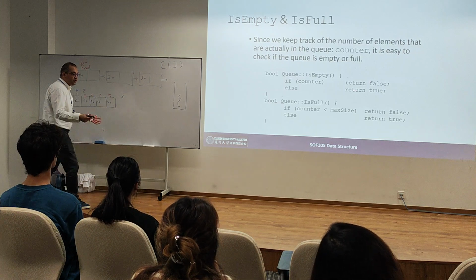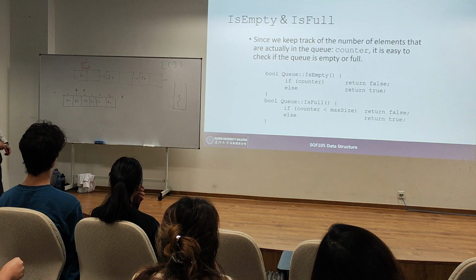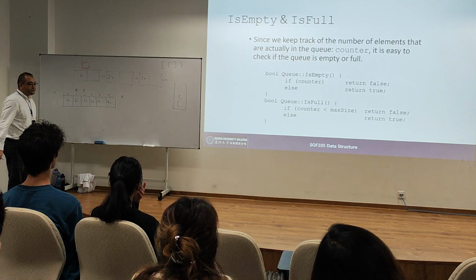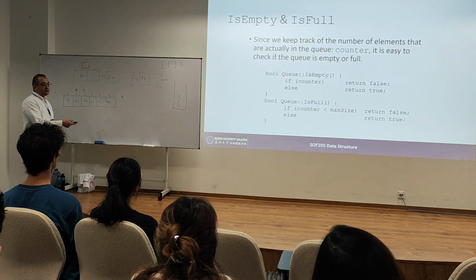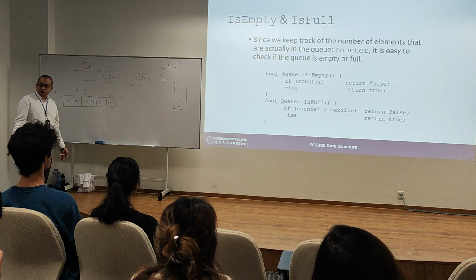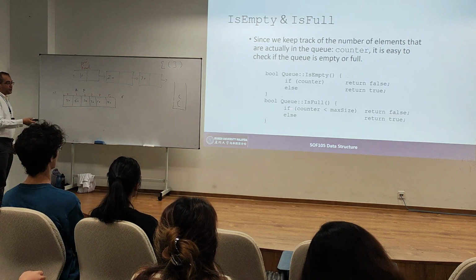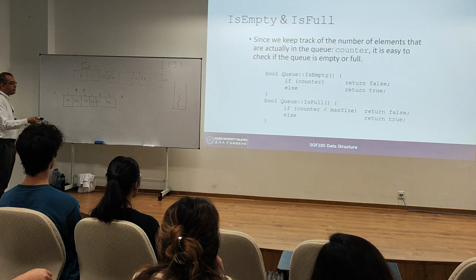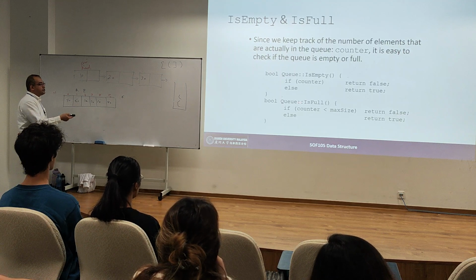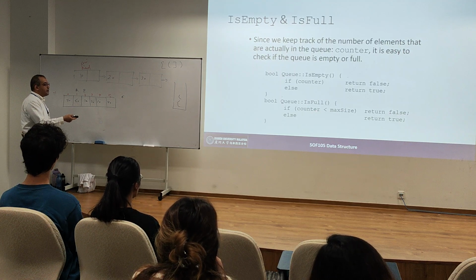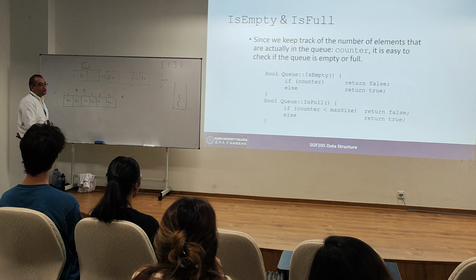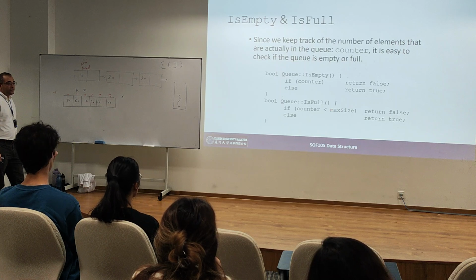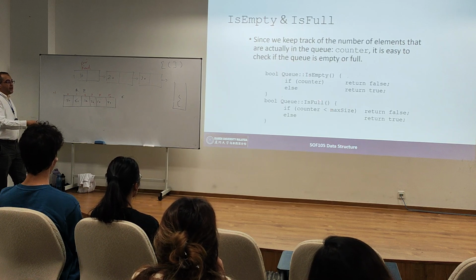True. Is full is what? The counter less than what? The size of the array. The counter is still less than, just like i less than n, right? If it's still less than n, then return false. It's not yet full. Then if it is equal, return true.